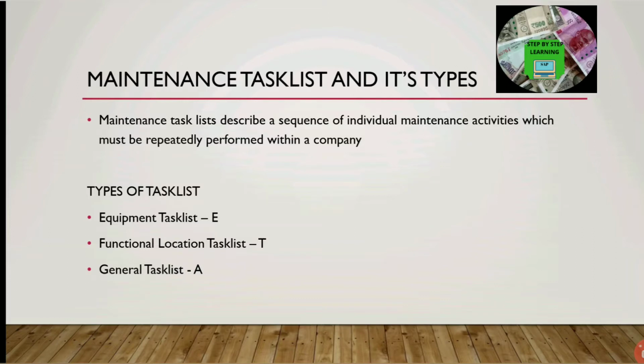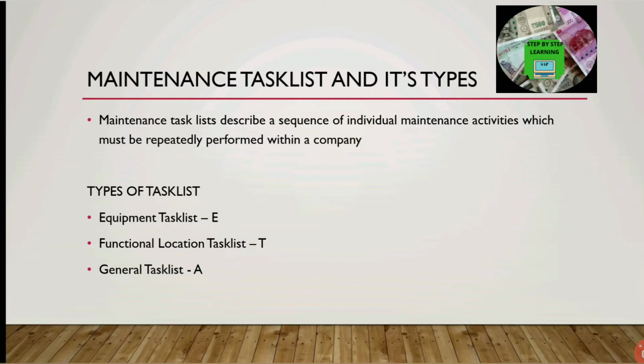The next one is the functional location task list. Same as the equipment task list, this task list is created directly with reference to a functional location, and the concepts are the same. You know that a functional location is like a place where the equipment is installed.